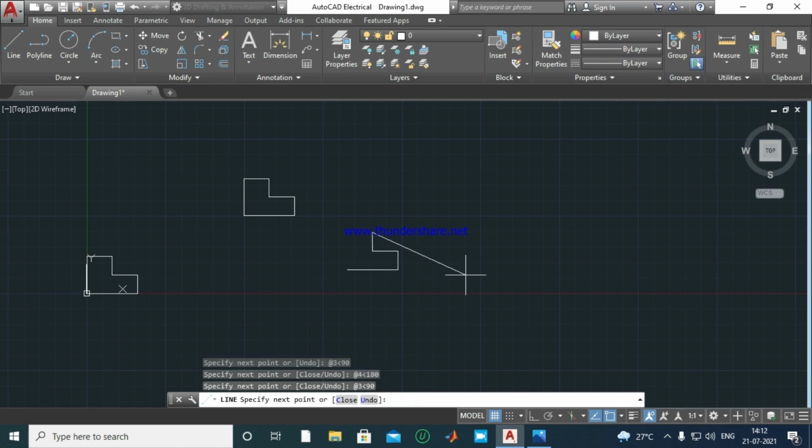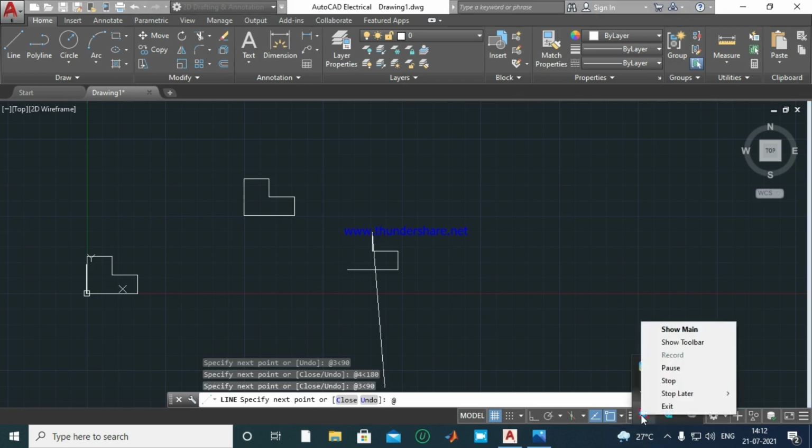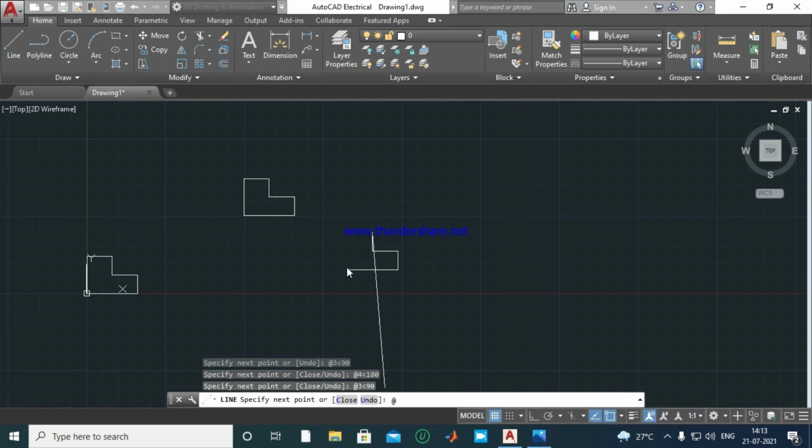Okay, again @ distance is, so here we are going to draw the line in backward x direction, length is 4 and backward x direction will be pointing towards the angle 180.